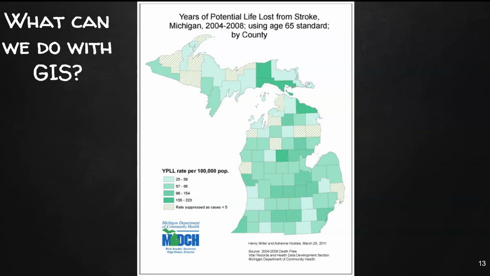There are 25 years of potential life lost per 100,000 people in these very light blues, all the way up to the high end of 223 years of potential life lost per 100,000 people in the dark areas. So we can see why stroke years of potential life lost are higher in some areas than others. And the key thing is that we're using age 65, which is standardized.